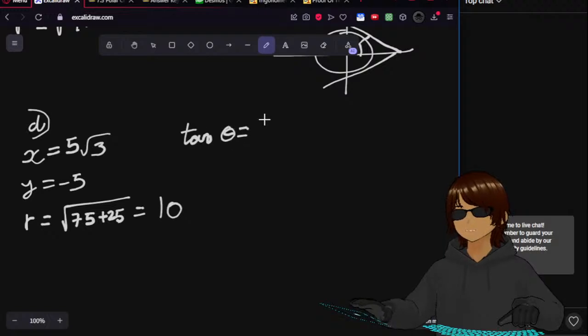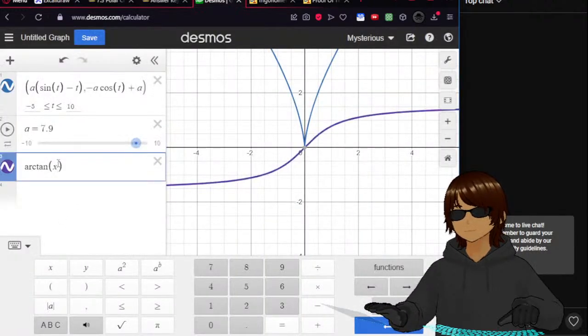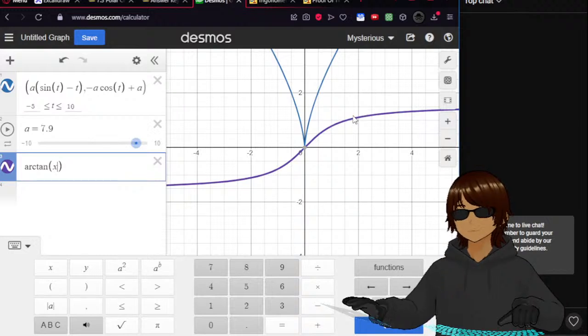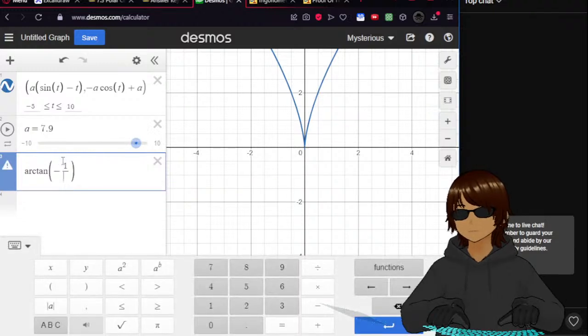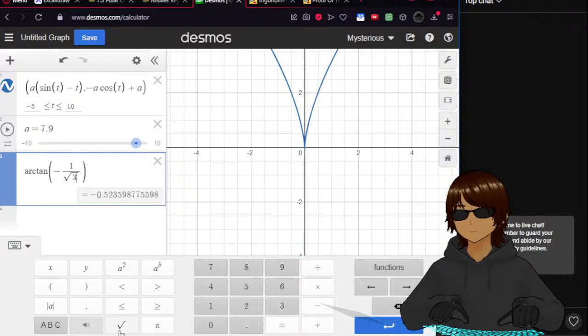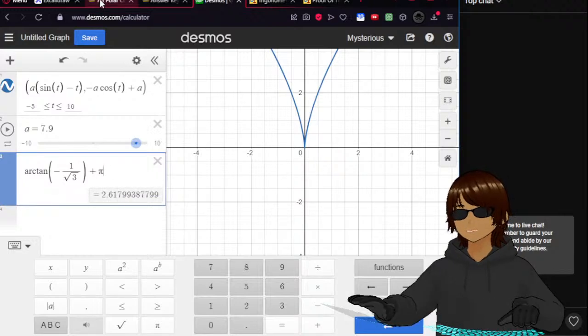Tan theta is opposite over adjacent. Theta is equal to arctan. We get this, and then we add 2.61.